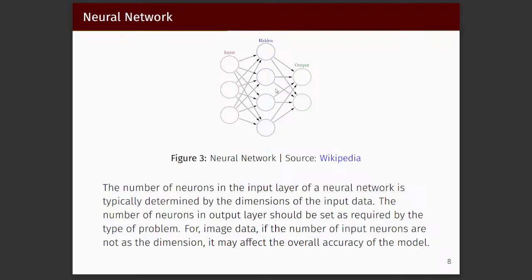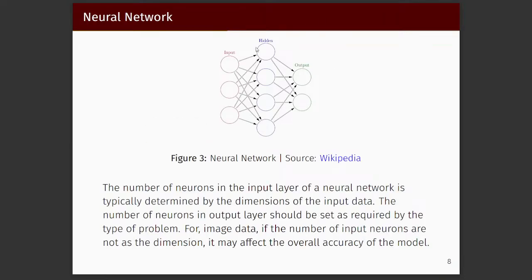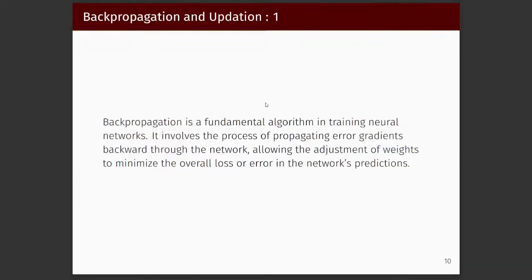The output will go to the hidden layer, then to the previous hidden layer, and so on. Hidden layers are used to make the model learn deeper, more intricate values that the image has. So yeah, that's all about backpropagation.